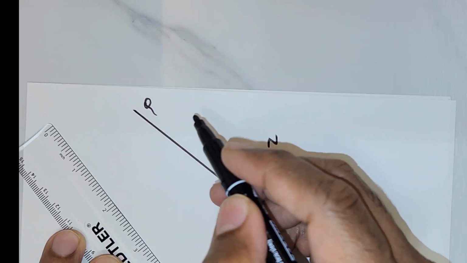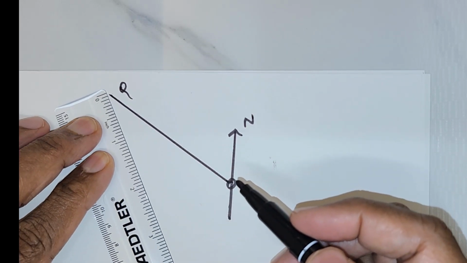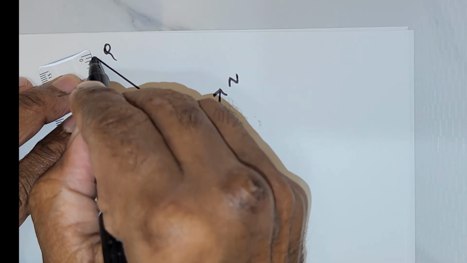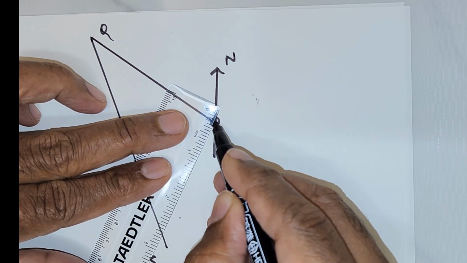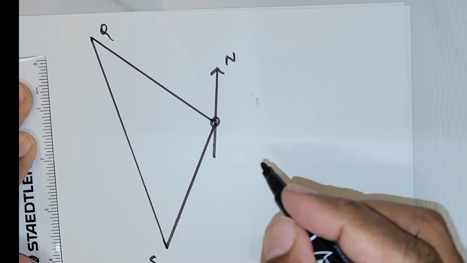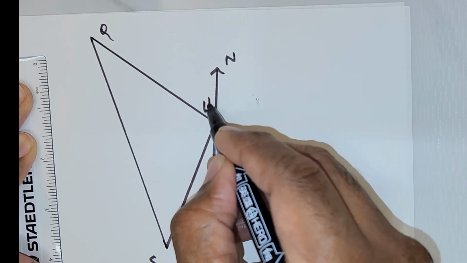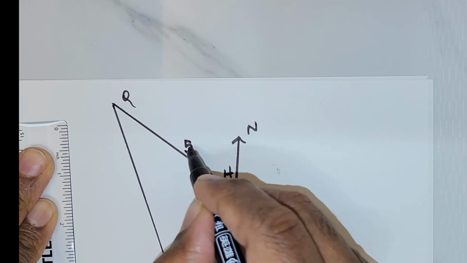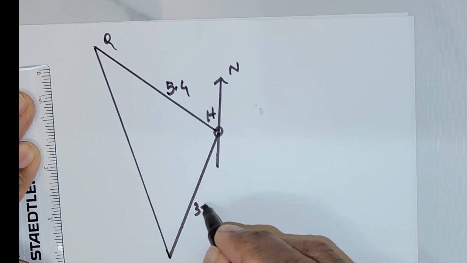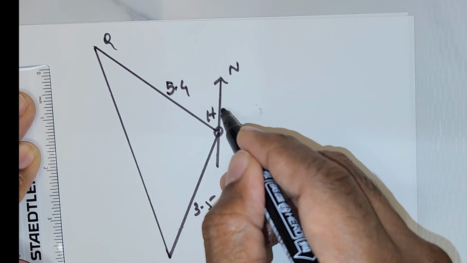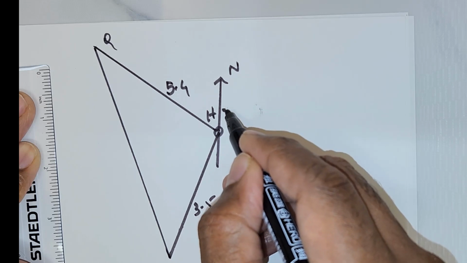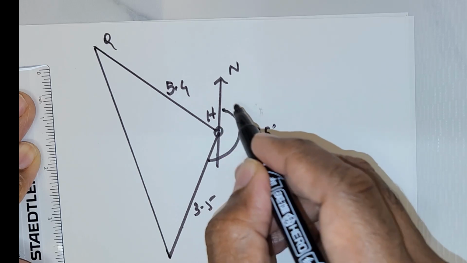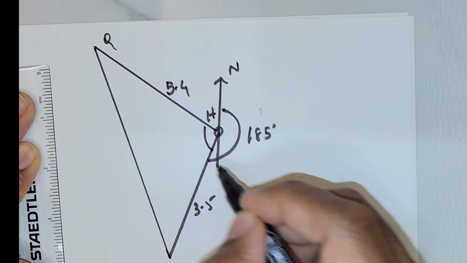Now this is Q and this is our S. This point is going to be our H. So this distance is 5.4. This distance is 3.5. Now this is given. This entire angle is given as 185, and we have to find this.